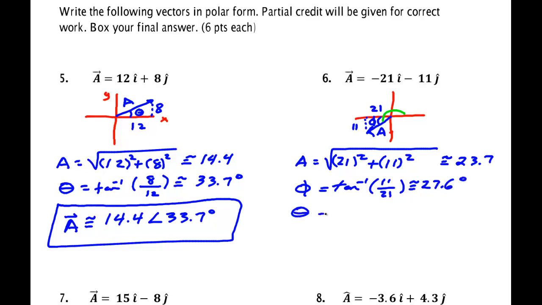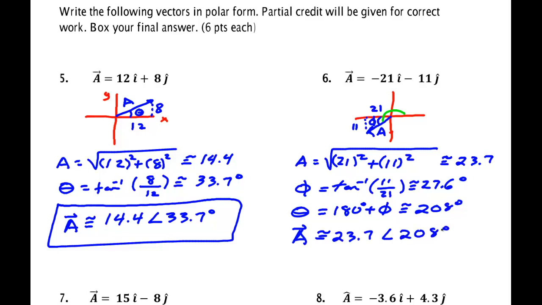Theta, however, is equal to 180 plus phi, which gives me approximately 208 degrees. So A is approximately 23.7 at an angle of 208 degrees.